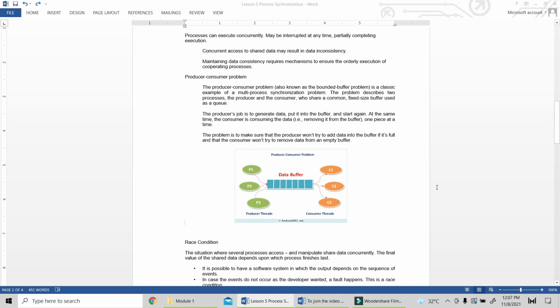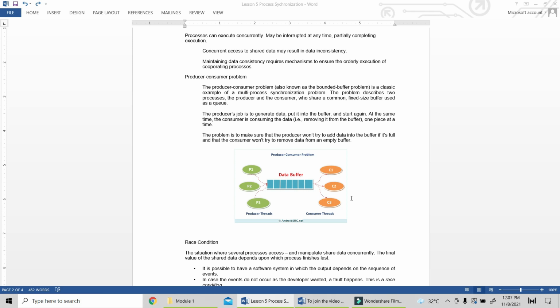Now, what we are trying to see is, what if the producer and consumer are not working concurrently, meaning they are not properly working with each other. That is why we need to find a solution, or take care of the actual common problems that occur in the producer-consumer problem.